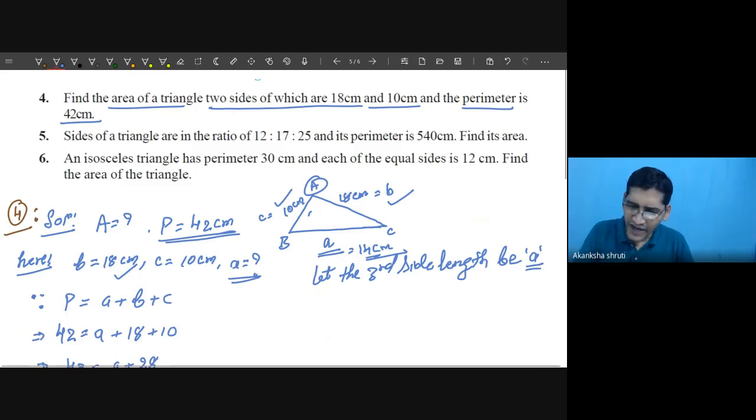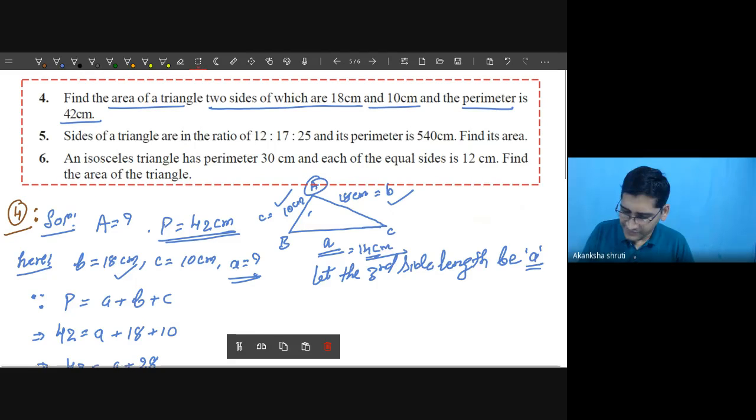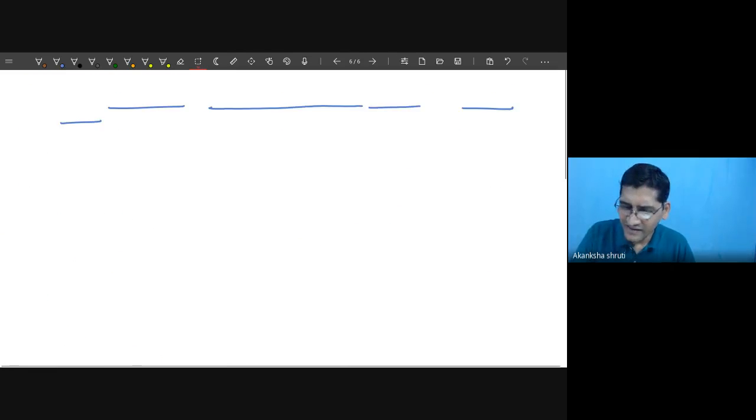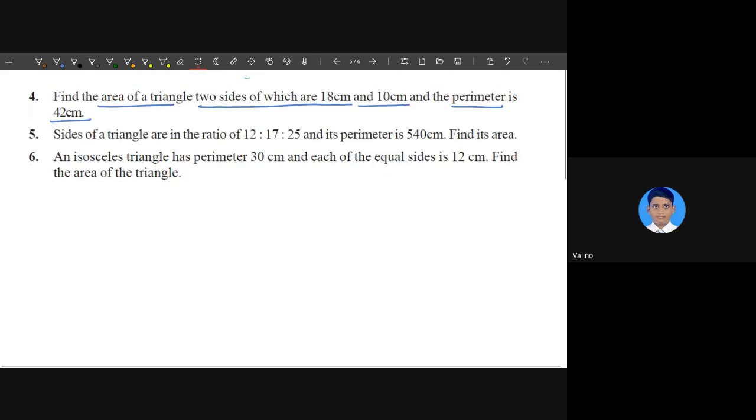In question number 5, we have to calculate the area, but the ratio of their sides is given. 12x plus 17x plus 25x is equal to 540 centimeters. Good.